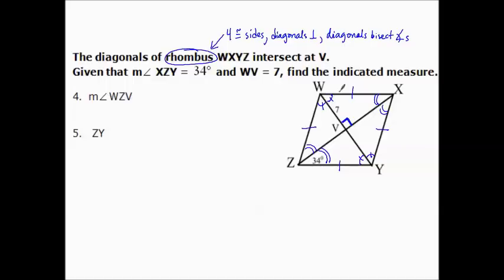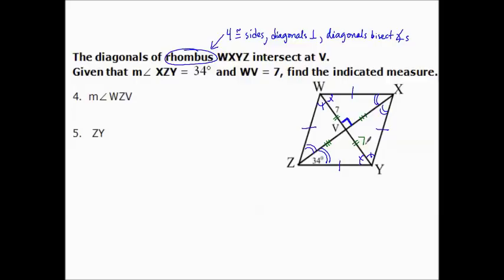Okay, I get to see a visual in this picture. Now remember that a rhombus is a parallelogram, so all of the parallelogram properties exist too, such as the diagonals bisect each other, that piece is congruent to that piece, and this piece is congruent to this piece. So if WV is 7, VY is also 7.